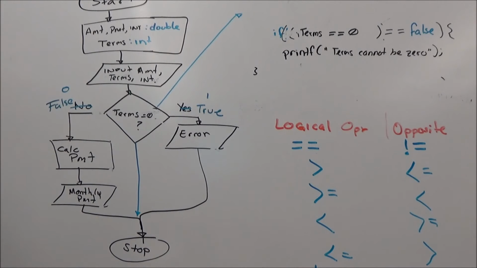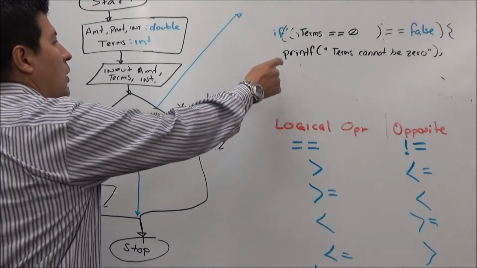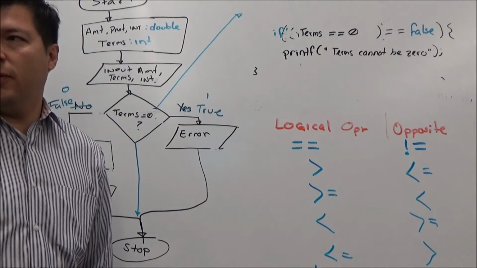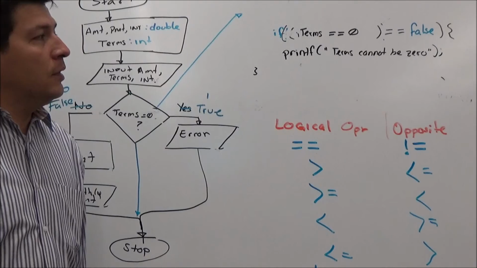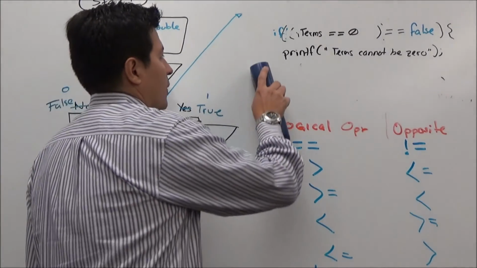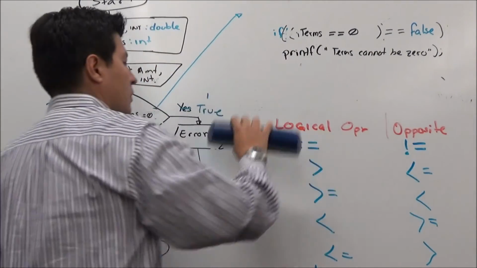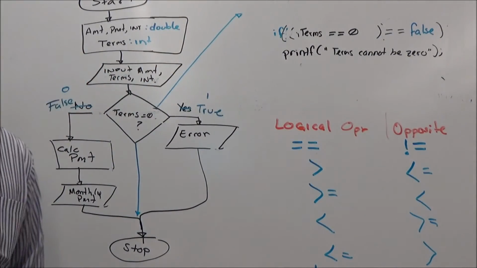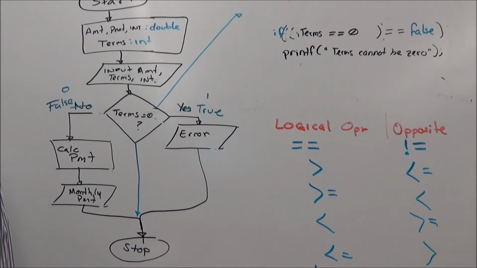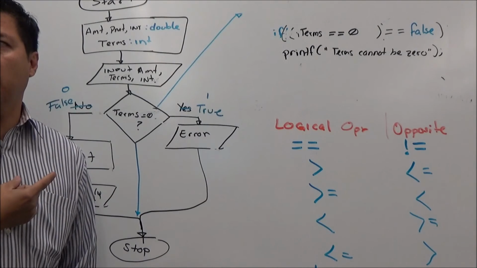And what if, and you're gonna see this sometimes, I only have one line of code to execute if it's true or false? Some people get rid of the curly brackets. If you do that, you better make sure there's only one line to execute.